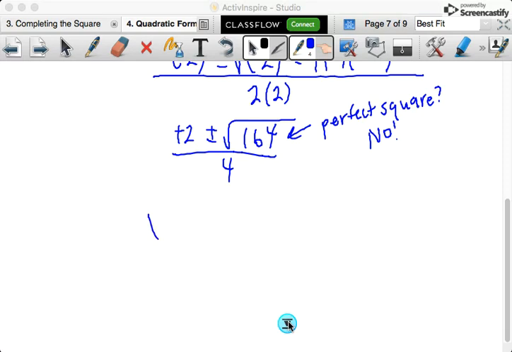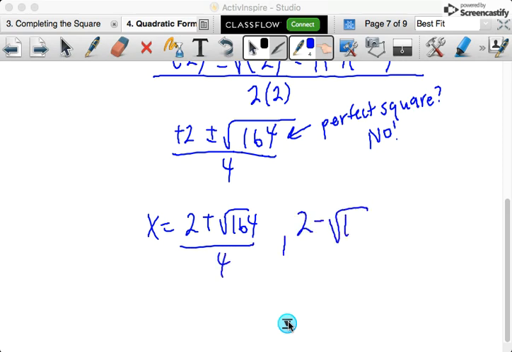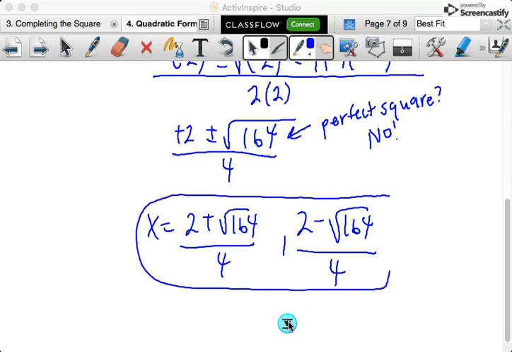So I'm going to say x is equal to 2 plus the square root of 164 divided by 4, and 2 minus the square root of 164 divided by 4. And I cannot cancel these 2's and 4's together. That is not possible, so go ahead and leave your answer like this.